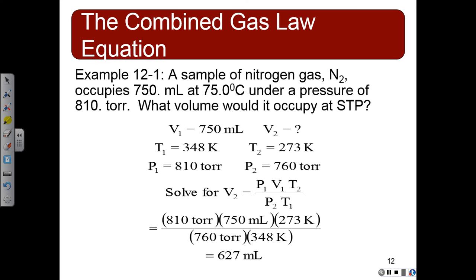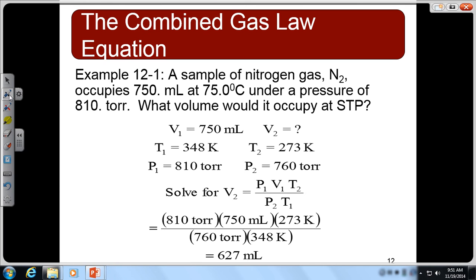So let's look at this problem. We're going to walk through it. You have a sample of nitrogen gas that occupies 750 milliliters. The first thing I do is start labeling things as P1, P2, V1, V2. So that volume has to be my V1, right?